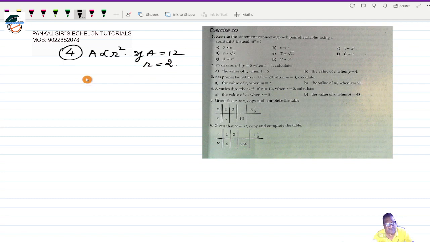Okay. Now he has asked you to calculate again A is the value of A, that is A equal to question mark, when R is 5. Yes, I'm going to write this slowly.